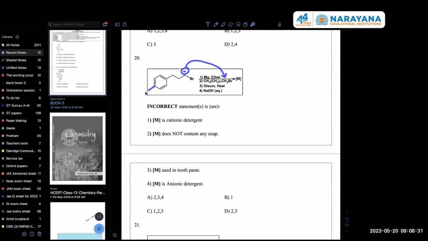Then oleum means SO3H, that will finally become SO3. So it is an anionic detergent that will not contain any soap, used in toothpaste. So the answer is 2, 3, 4. Incorrect is being asked, so 2, 3, 4 means B.